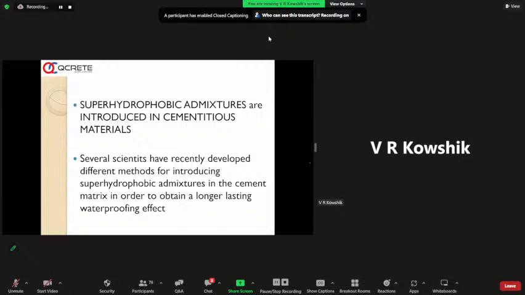So that kind of super hydrophobic admixtures are being formulated and used, especially in case of where you require high abrasion resistance and high impermeability and durability is required.